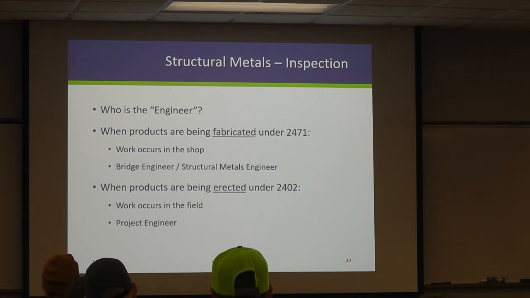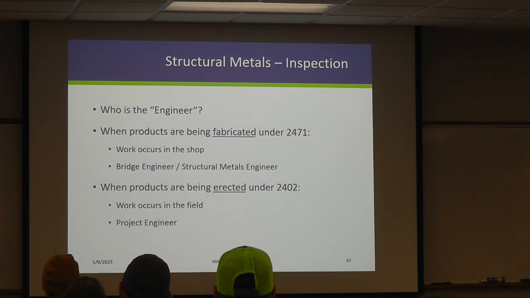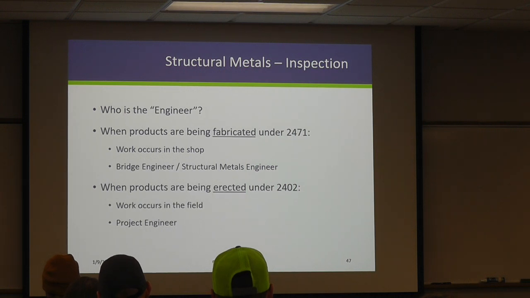Once the products have been tagged and are approved to leave the facility, they move into 2402. That's where you folks are going to be involved, right? That's the field portion where we're going to actually erect these elements and install them on the bridge. And so the engineer refers back to the project engineer, project supervisor. Does that make sense? Oftentimes that gets a little bit confusing.